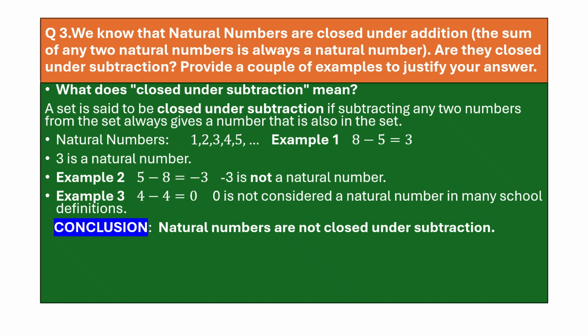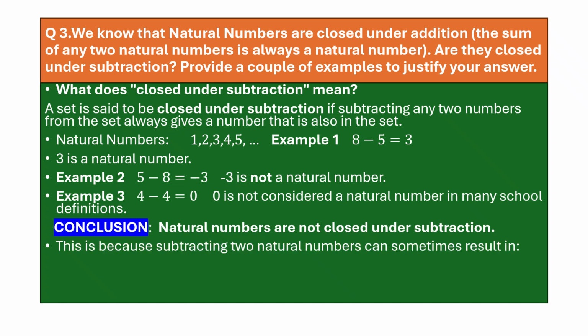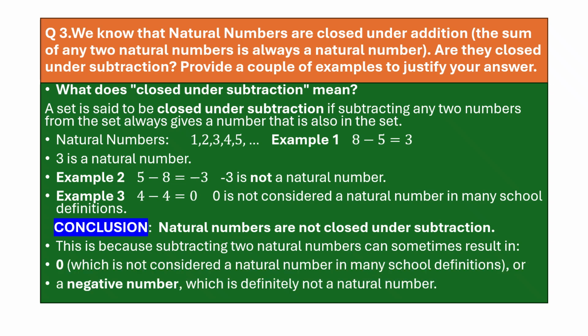So basically natural numbers are not closed under subtraction. This is because subtracting 2 natural numbers can sometimes result in 0, which is not considered a natural number, or a negative number, which is definitely not a natural number. So you can give your answer by giving different examples and justifying your answer.